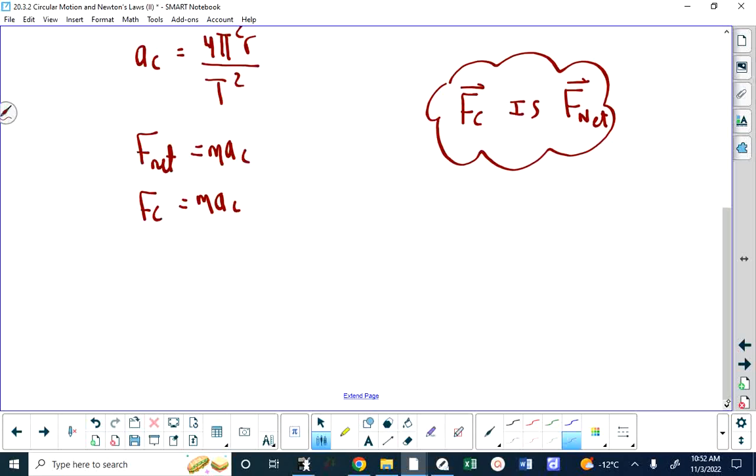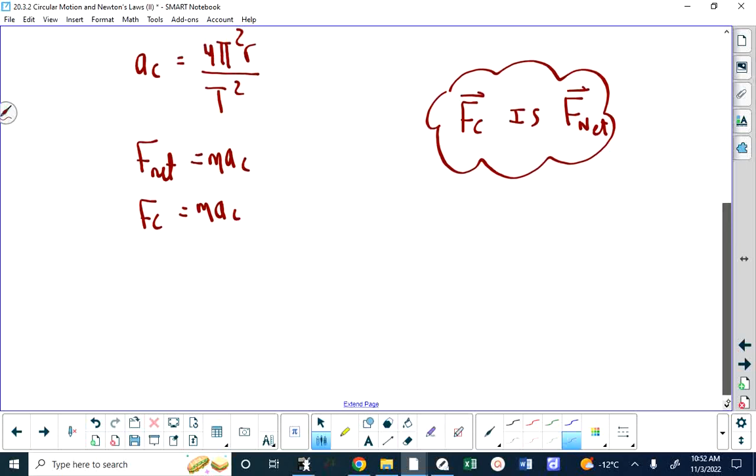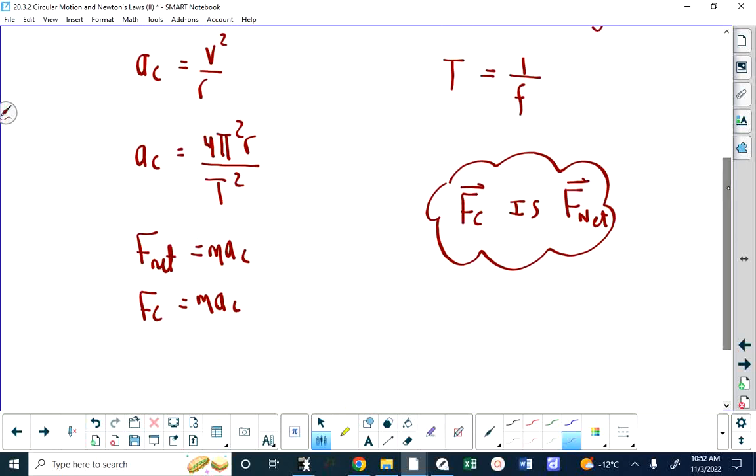Don't think that way. The net force is the centripetal force. And what this means, looking at these three formulas on the left-hand side of the screen, is if you ever are asked for the net force or ever are asked for the centripetal force for circular motion, take the mass times the centripetal acceleration. There's no formula for Fc on your formula sheet. You have to build it.